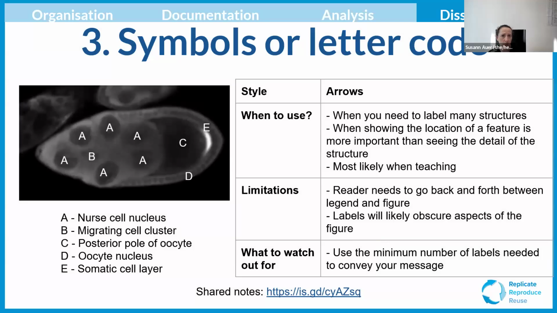And then you can also use symbols or letters if you have a lot to label in your image. The advantage here is it's good for having many structures labeled, but then the reader always has to go back and forth. So that's a bit of a disadvantage.